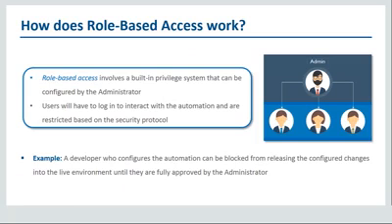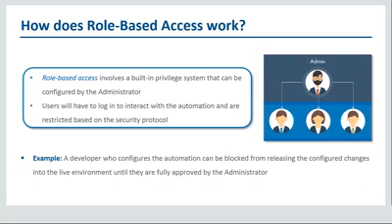So now how does role-based access work? I've already explained this, but let's see what is there in the slide. Role-based access involves a built-in privilege system that can be configured by the administrator. Like I said, if the administrator has all the privileges, he can decide how many more roles have to be created, and he can give the privileges according to each and every role, right? Now the users will have to log in to authenticate themselves.